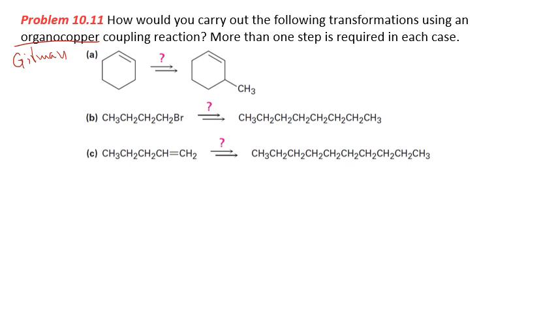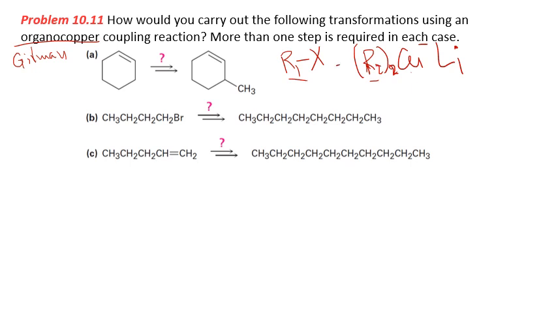So if the alkyl halide is R1X and the Gilman reagent is R2, 2 copper lithium. We use R1, R2 just to show these two may have different alkyl groups. And in a Gilman reagent, you have dialkyl copper lithium. You have 2 of them.